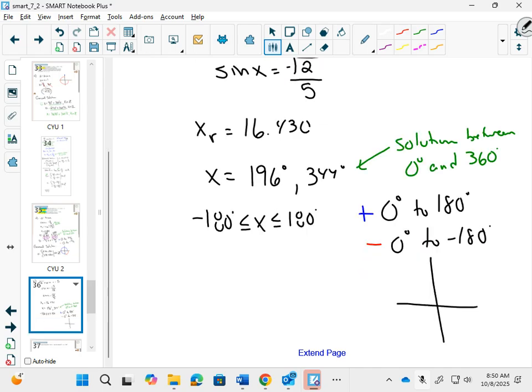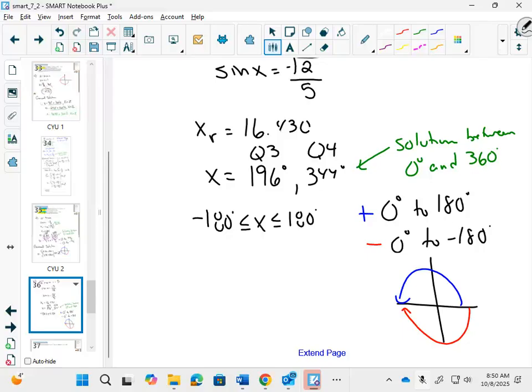With a picture, my positive angles I'm looking here, my negative angles I'd be looking here. And where were my answers? This one was in quadrant 3. This one was in quadrant 4. My answers in quadrant 3 and 4, do you see they should be negative, not positive, based on my picture.